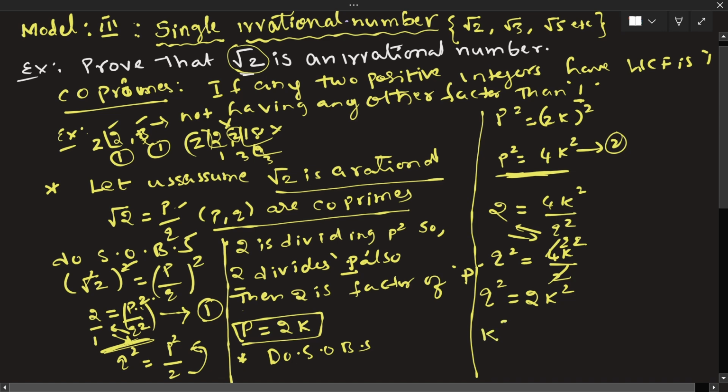So, again a statement will be created here. k square is equal to q square by 2, and where 2 divides q square, so we can conclude that 2 divides q also. Here the same statement we are repeating, same concept. 2 dividing q square. So what we can conclude?